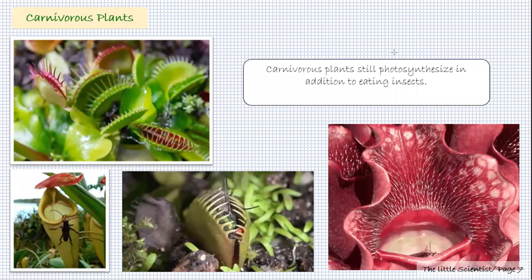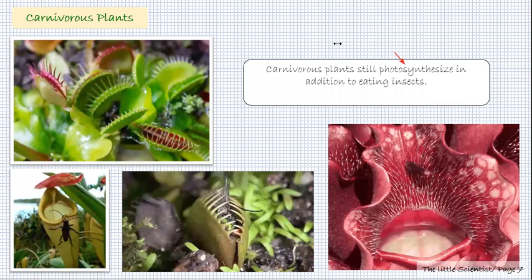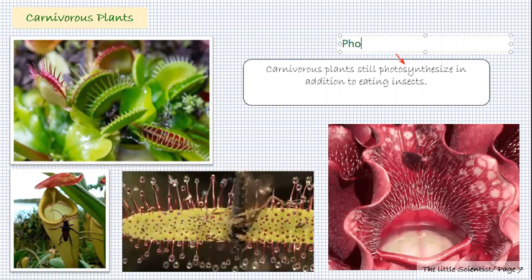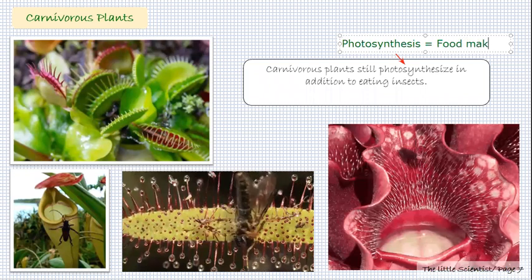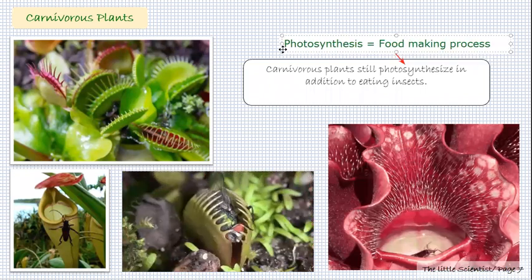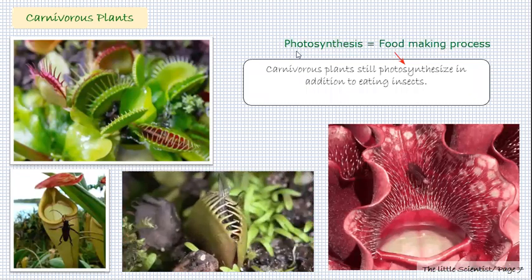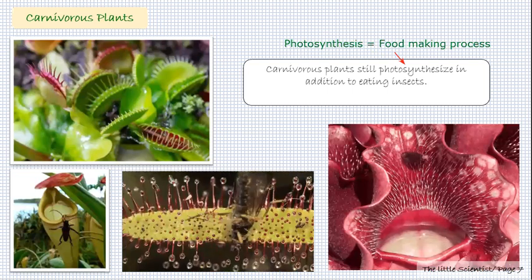Let me remind you that photosynthesis is the food making process in green plants. So carnivorous plants, yes, they can go through photosynthesis to produce their own food, but this food isn't enough.